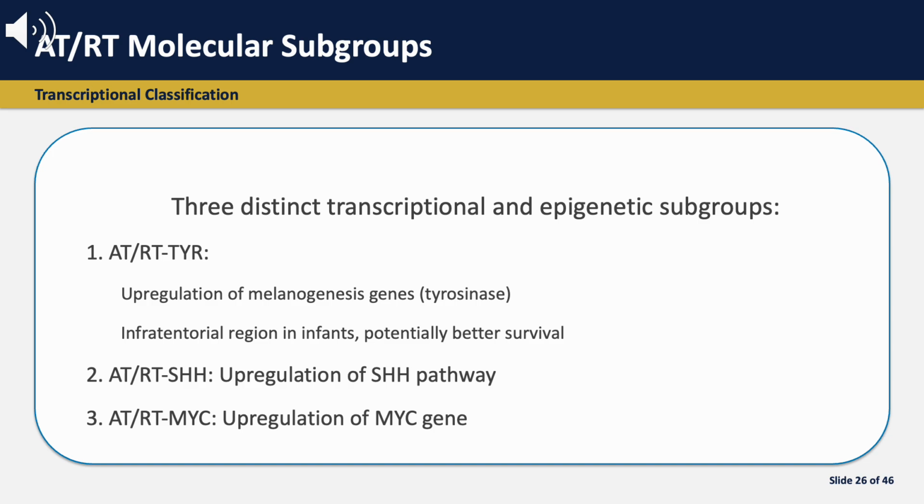Atypical teratoid rhabdoid tumor TYR characteristically arises in the infratentorial region in infants, expresses melanocytic markers such as tyrosinase, and may have better survival outcomes.